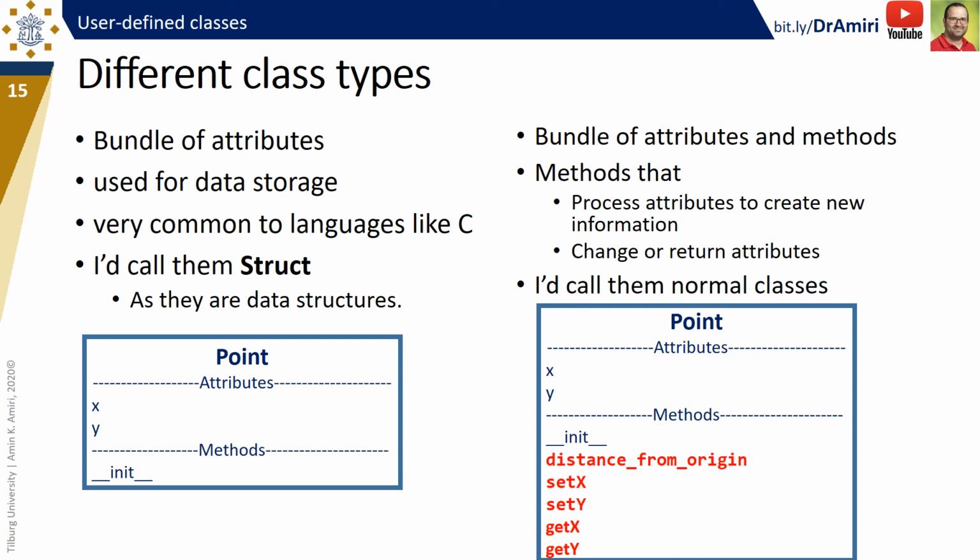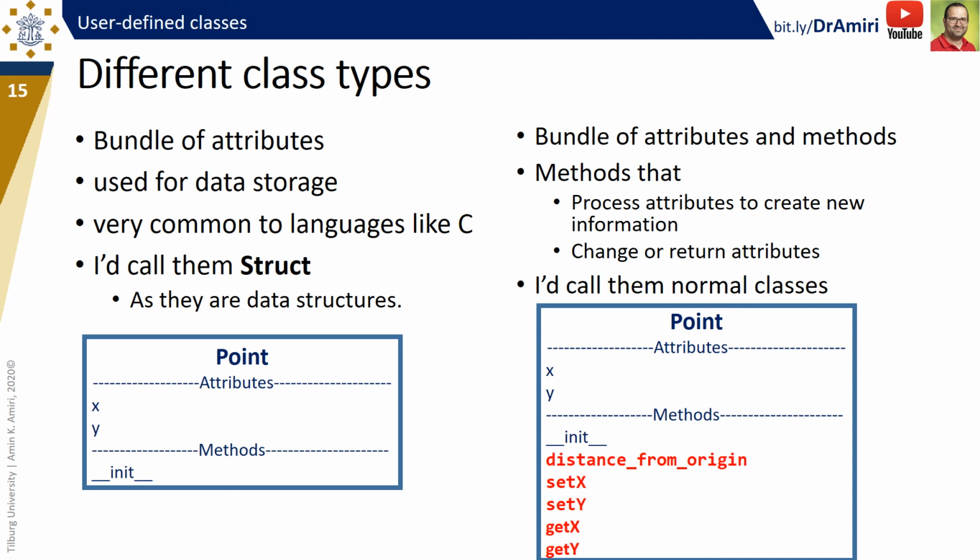It's very common in languages such as C. We don't have a name for this kind of class in Python, but I'm going to use the C language term to call these kinds of classes a struct. And whenever I use a struct, I mean that we only have one method in that class, dunder init, and the class only includes attributes.